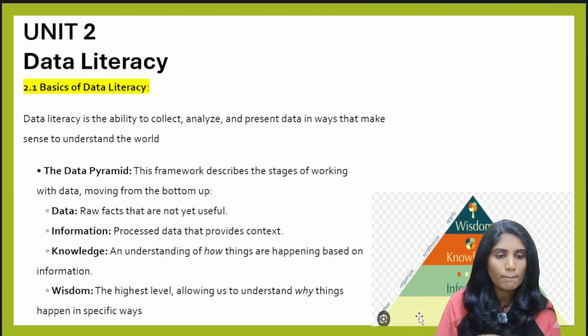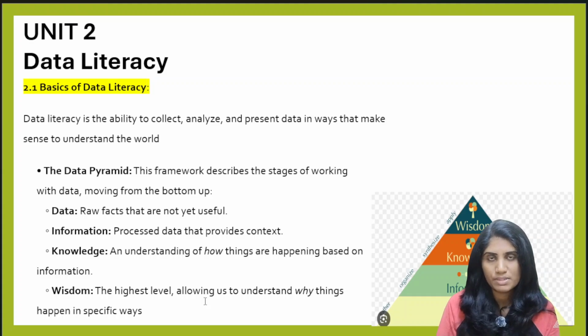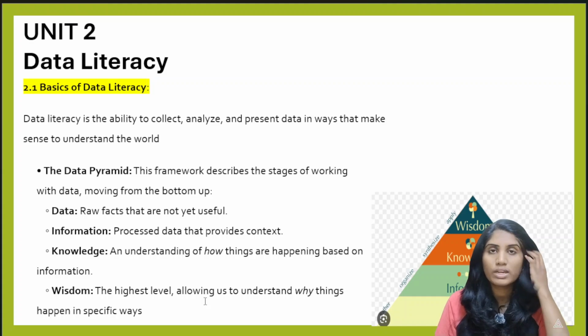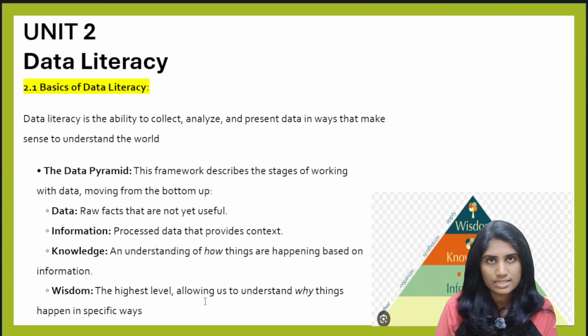Above information we have knowledge. Knowledge is nothing but processed data that provides context. And then wisdom, the highest level, allowing us to understand why things happen in specific ways. Wisdom, at the highest point of the pyramid, helps us understand, if I'm going to make this decision, can I trust this factual data?